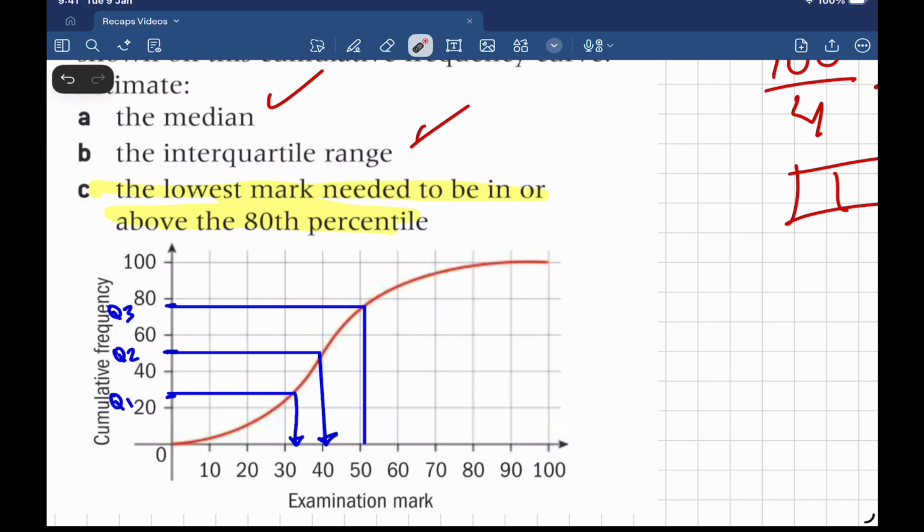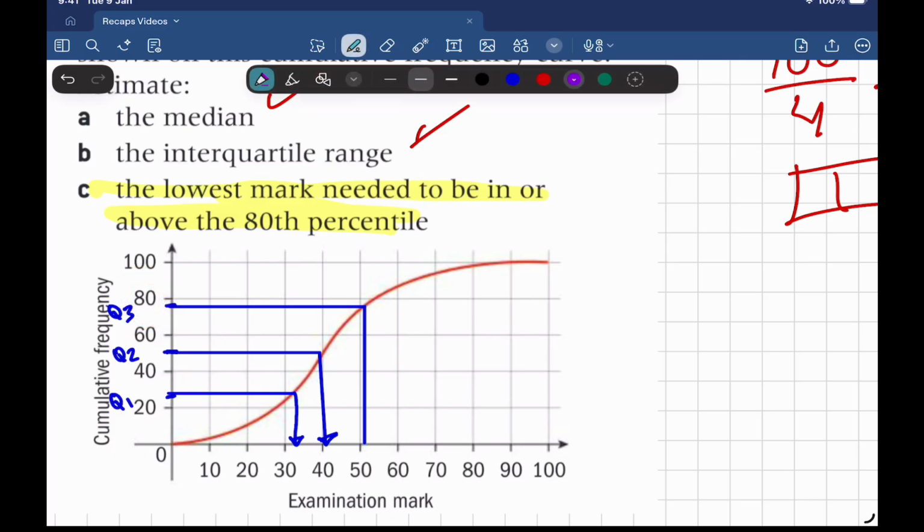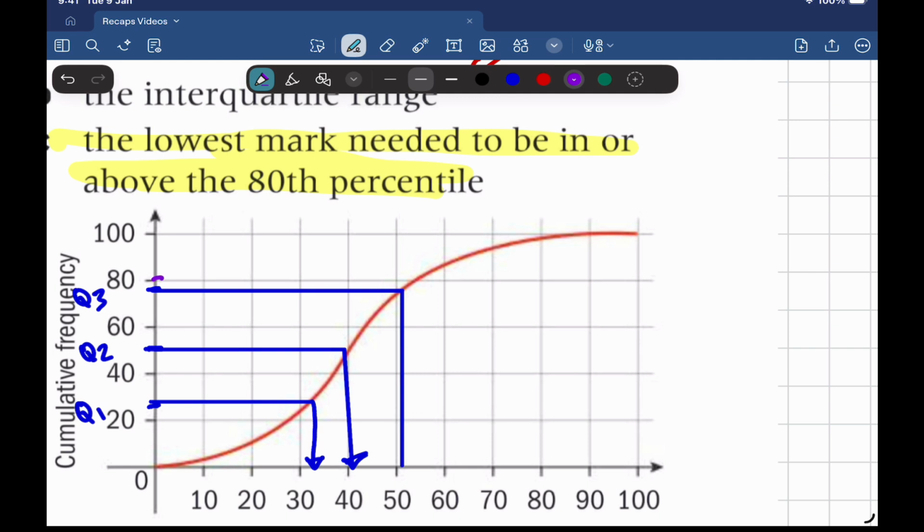If they are asking about the 80%, we need to check what is happening when, on the vertical axis, we have 80%. So we are going to draw a new line at 80, touching the curve, then going down. This will be the estimation.